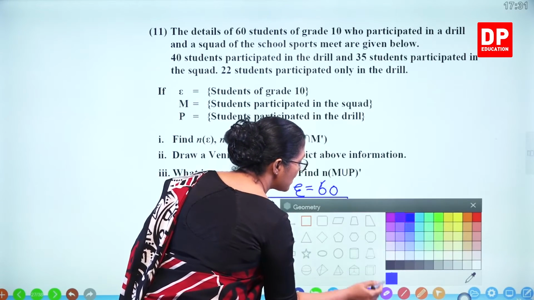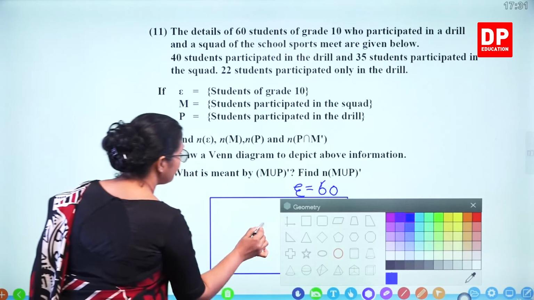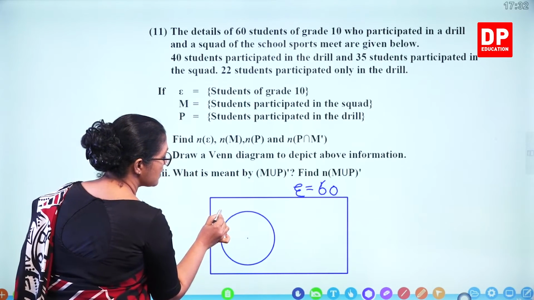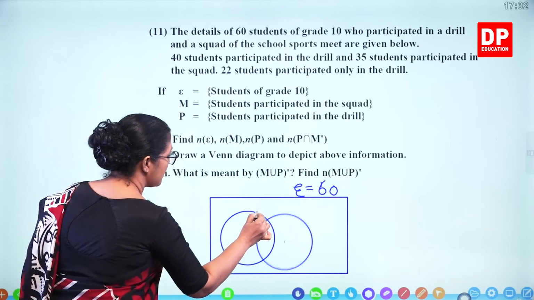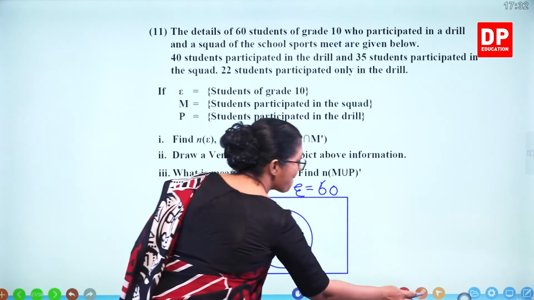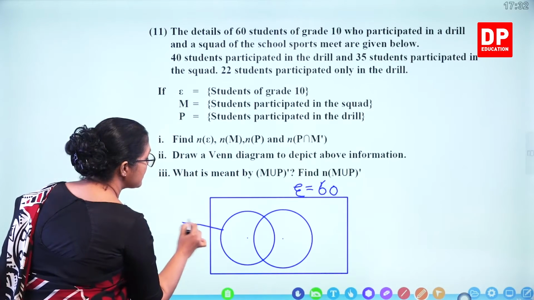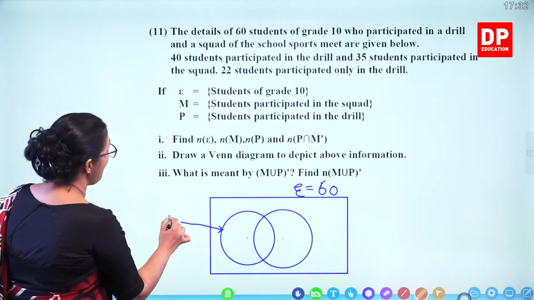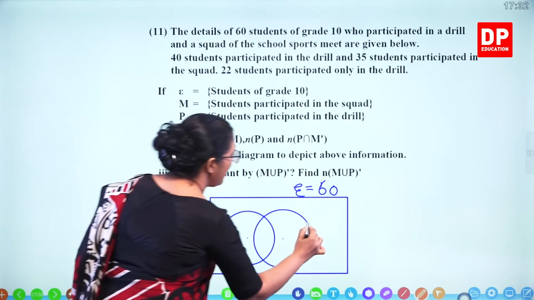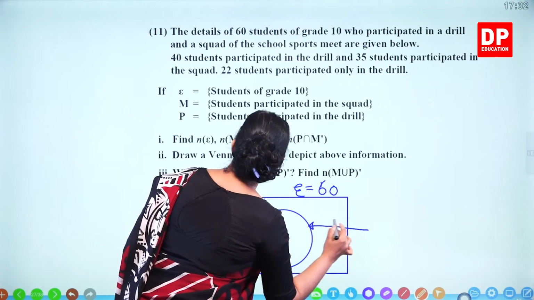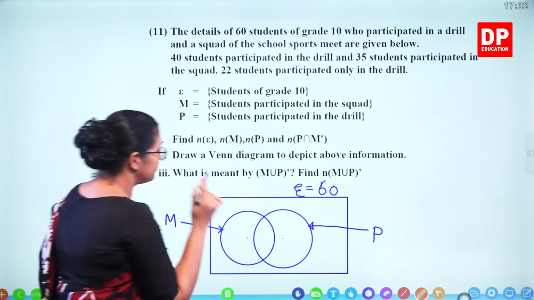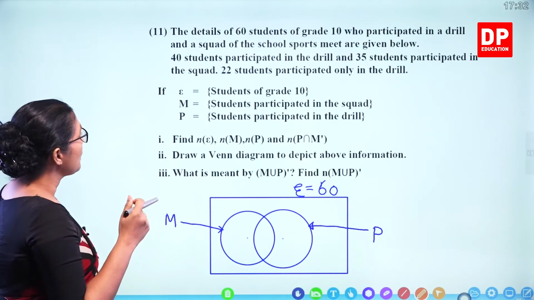So we need 2 circles. 1 circle and another one. So we can label this. This is M and this is P.